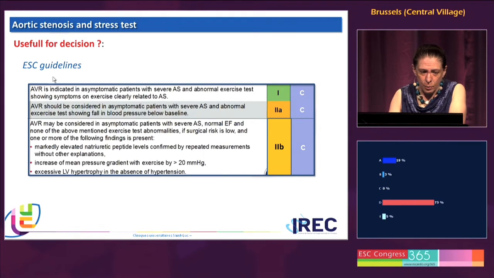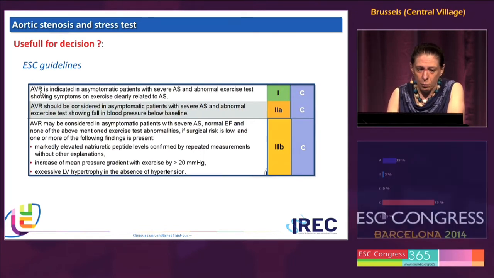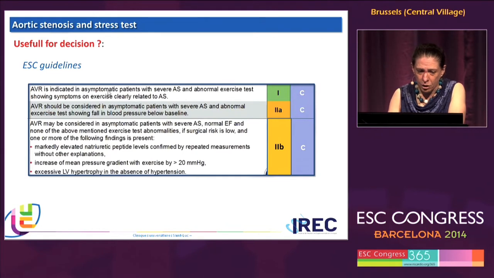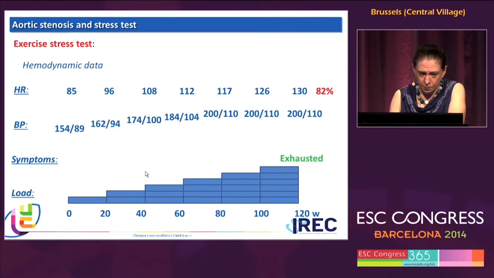If you look at the guideline, you will see that aortic valve replacement is indicated in asymptomatic patients if you have symptoms related to aortic stenosis during exercise, or if you have a fall in blood pressure, or if you have an asymptomatic patient with severe aortic stenosis, normal EF, and you have one or more of the following findings: markedly elevated BNP, an increase in mean pressure gradient by exercise of over 20 millimeters of mercury, or excessive left ventricular hypertrophy.